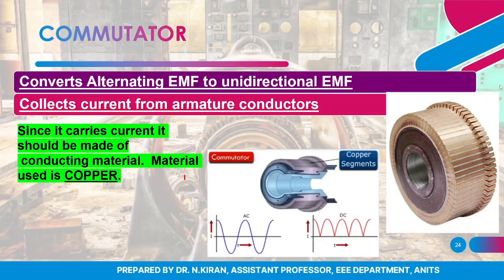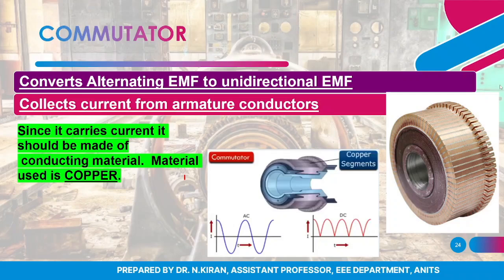The second function of the commutator is that it collects the current from the armature conductors. Since it needs to carry current, the commutator segments and the armature are interrelated, both connected together.